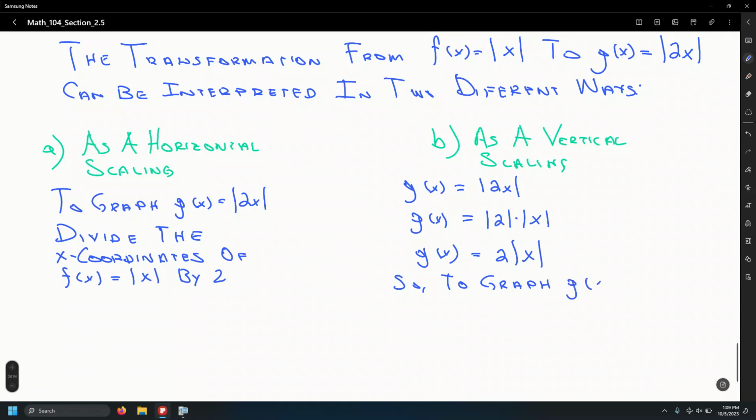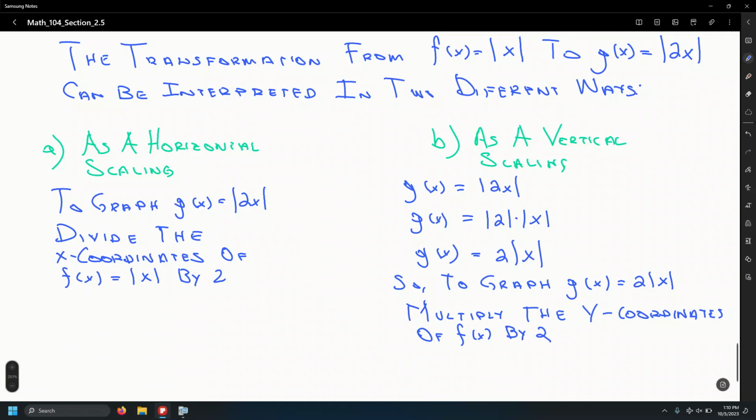G of x equals 2 times absolute value of x. Multiply, in this case, the y coordinates of f of x by 2, right? In this case, we would multiply the y coordinates by 2.